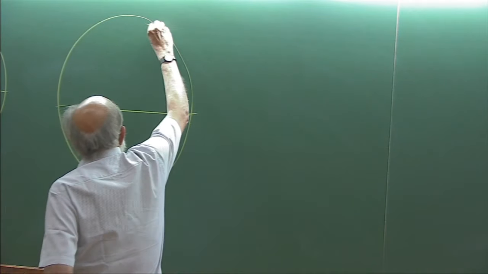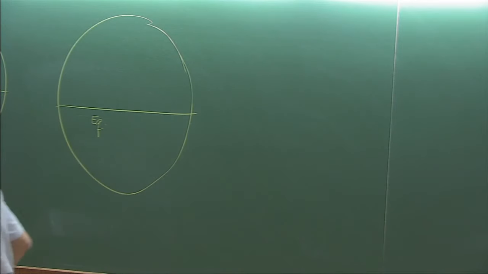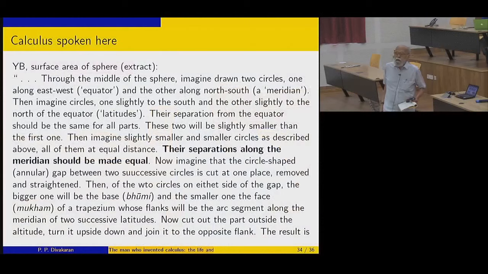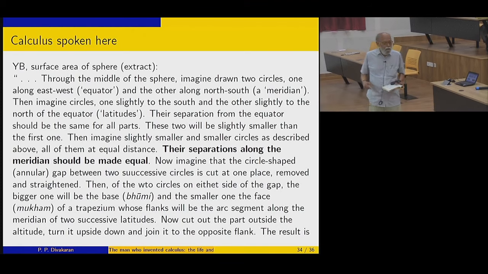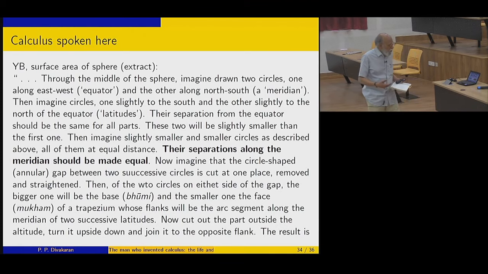And that for me is this. Two circles. Then it says, imagine two circles, one slightly to the south, the other slightly to the north of the equator. These are parallels very close to the equator, latitude parallels very close to the equator. These two will be slightly smaller than the first one.